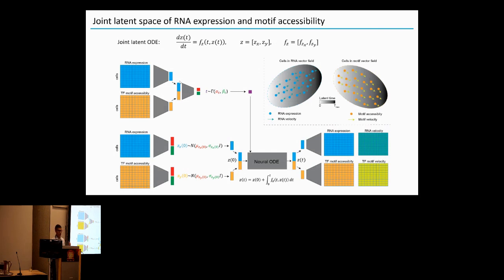So we learn these dynamics here in the latent space, and then we map them again to the original space to reconstruct RNA expression, motif accessibility, and also RNA velocity and motif velocity. Here also we're supervising on the partial velocity information that we have. So we have two vector fields, RNA space and motif space. Cells have joint dynamics in these two different spaces.